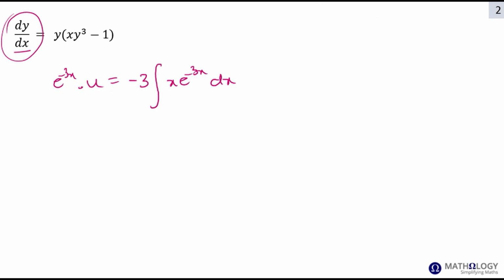Okay, so integrating by parts, we will let x be u. Now, don't confuse this u with the previous u. You can use another letter if it makes it easier.